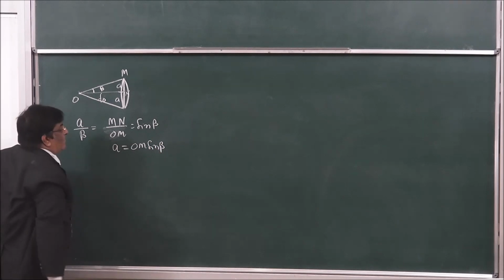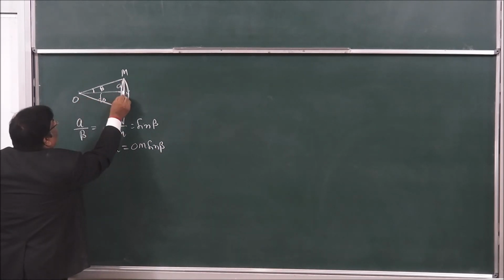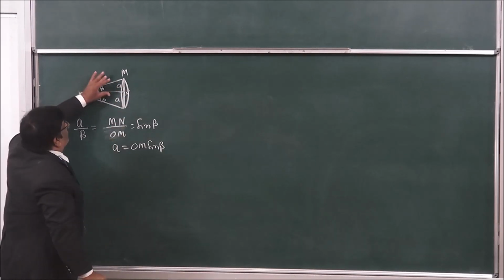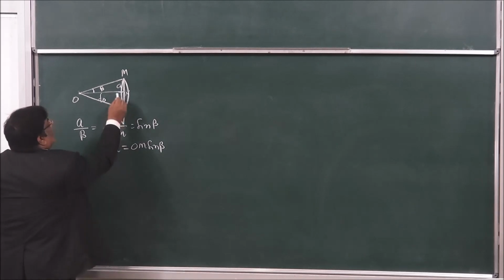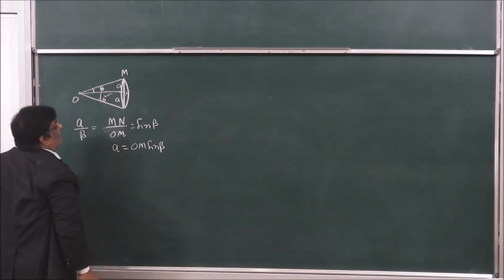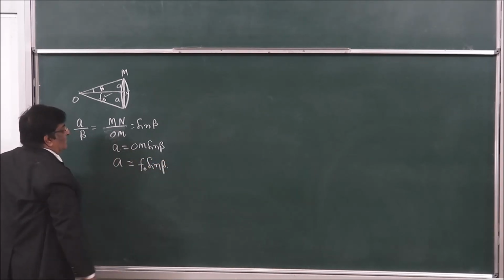Now this OM or this ON, they are very close to each other, and this length is almost the focal length. So I can write A approximately equal to FO sine beta.